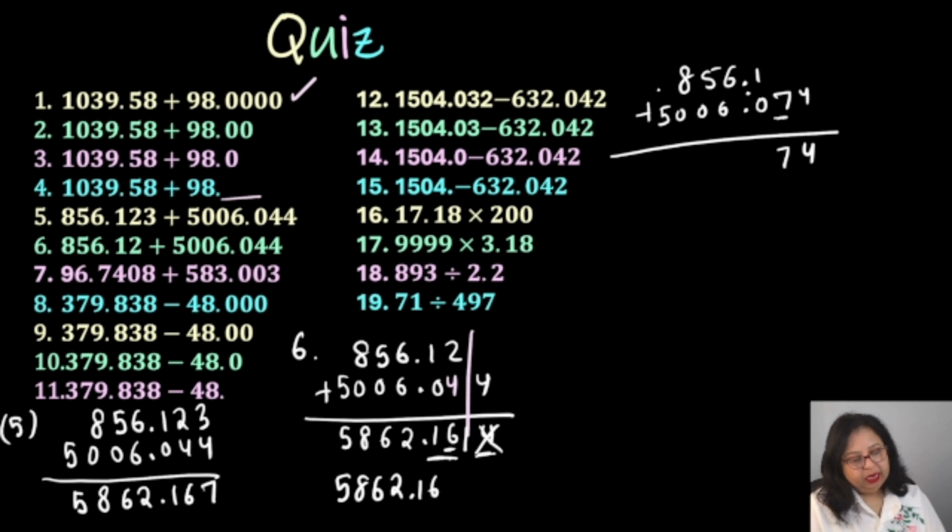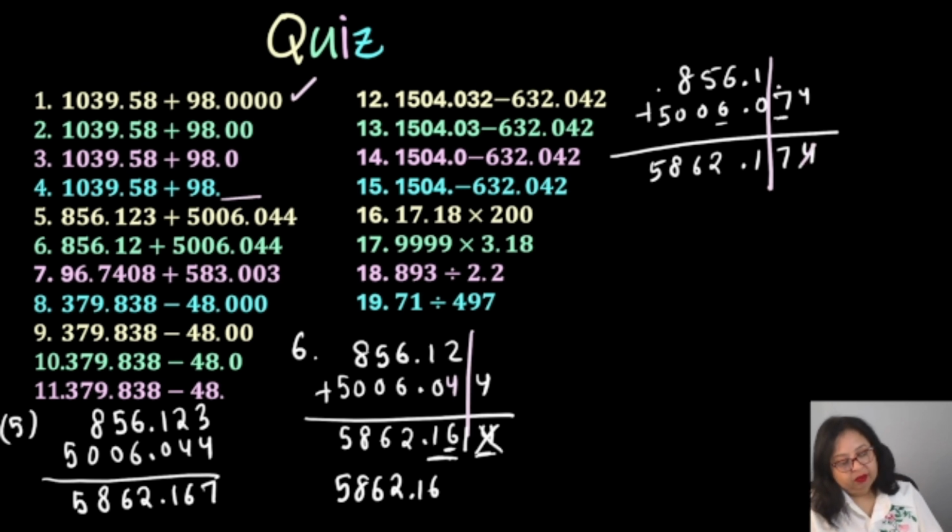When I add it, I get 5862.174. Nothing should change over here. Now we know that we want to round it off to 1 decimal place. When we want to round it off to 1 decimal place, this 3rd digit after the decimal, this doesn't matter.